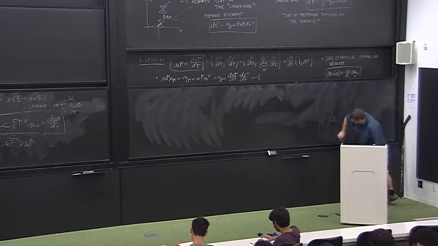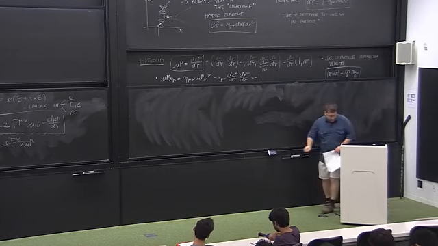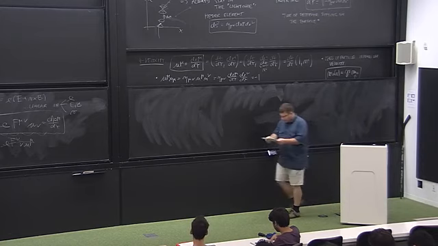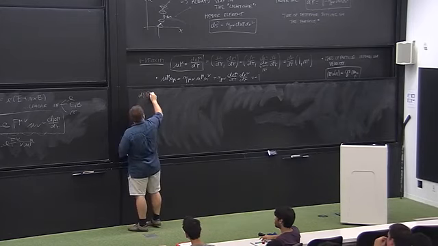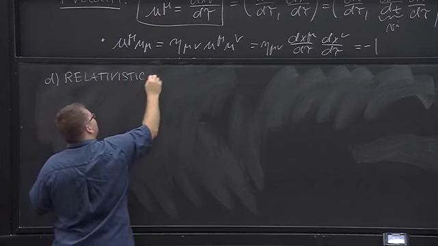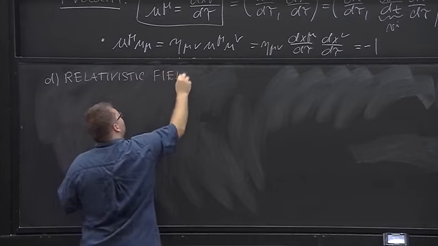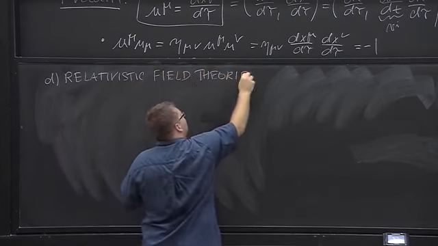That's the modern approach: you write down the action and then look at the consequences. So part D will be relativistic field theories, and that will be, of course, the action principle theories.